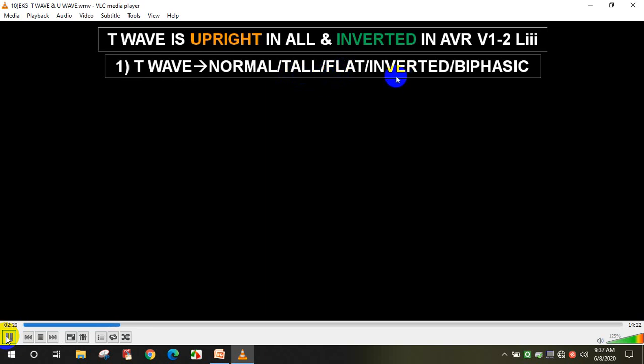Inverted means below the isoelectric line. They are of many different shapes, and we'll be showing you all those different shapes. Biphasic means one part of the wave is upright and the second part is inverted. So tall, flat, inverted or biphasic varieties are abnormal.